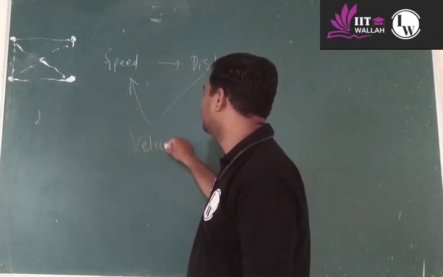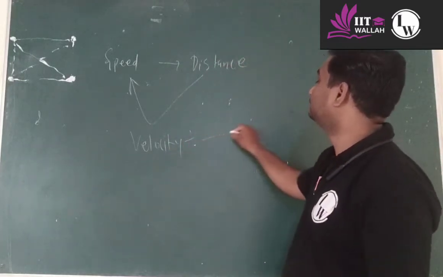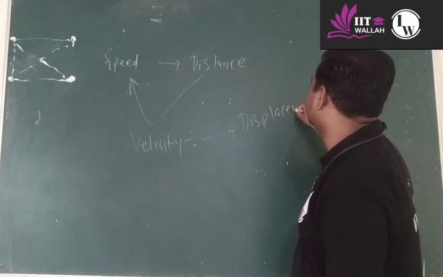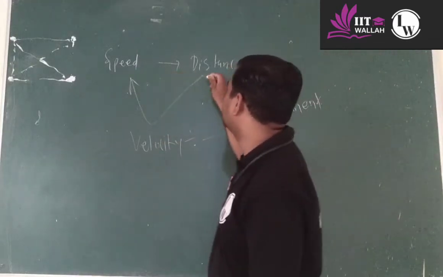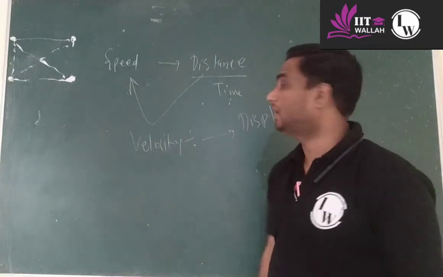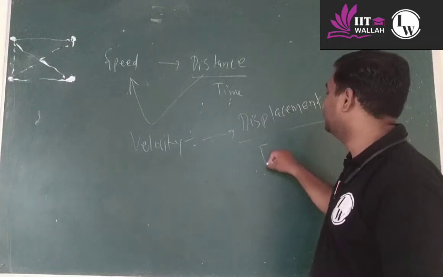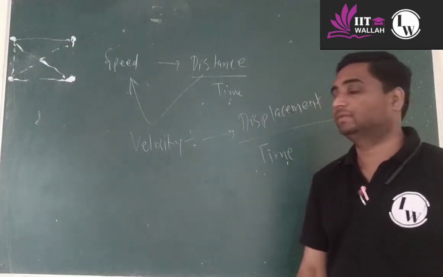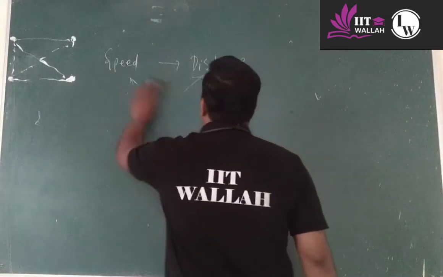What is velocity? Velocity is related to displacement. Speed is distance per unit time, and velocity is displacement per unit time.